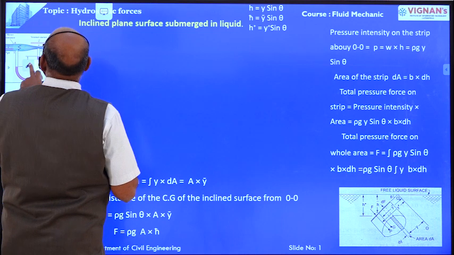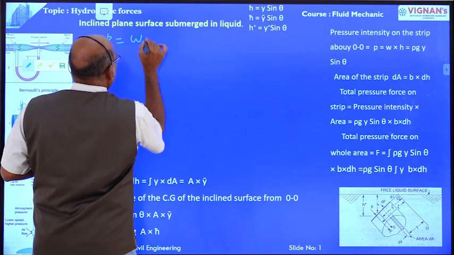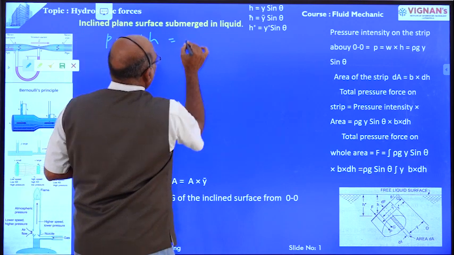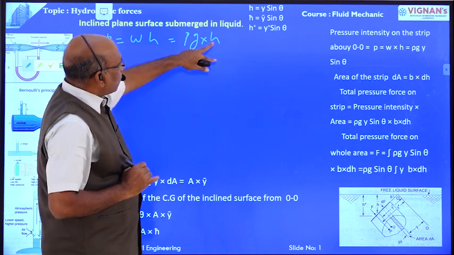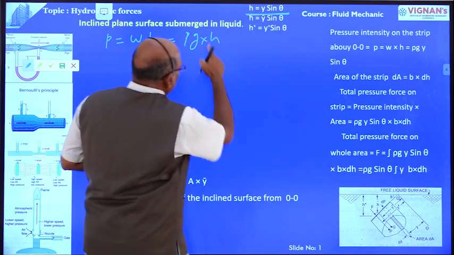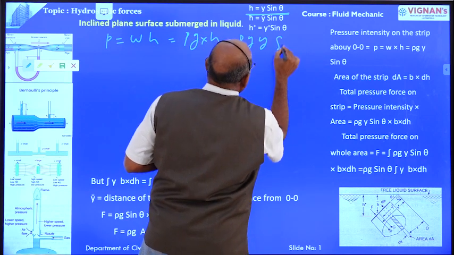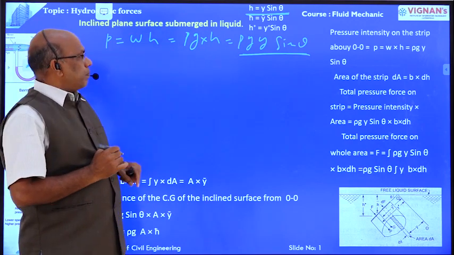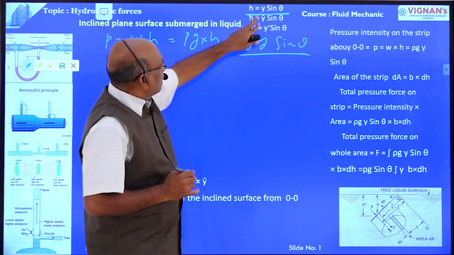Pressure intensity is unit weight into H, and unit weight is nothing but rho g, so P is rho g H. But here H is y sin theta, if the surface makes an angle theta. Therefore P is equal to rho g y sin theta. This is the pressure intensity over the strip.